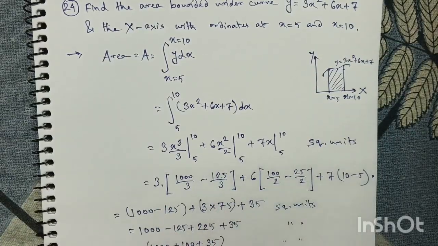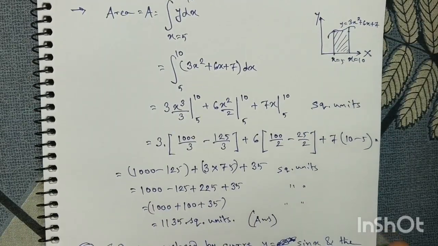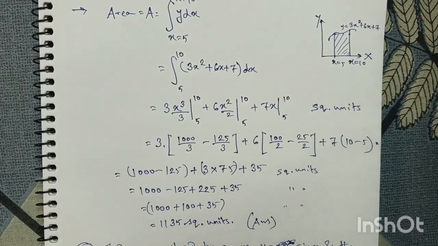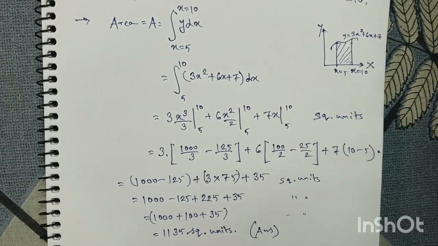So calculating, we get 1000 plus 100 plus 35 square units is equal to 1135 square units. Here also you can take the screenshot of the rigorous calculations step by step.